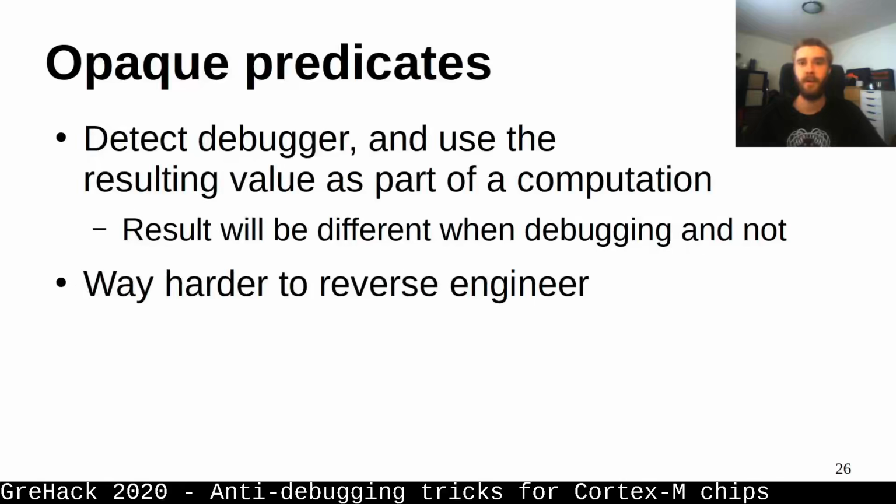For instance, you can create 2 different paths, one when the code is debugged and one when the code isn't. That way, when starting the reverse engineering process, you will have a lot of different paths to analyze, but only one will be the correct one. Again, this is just to annoy reverse engineers, and with enough time, a skilled attacker will still be able to access the correct parts of the code.